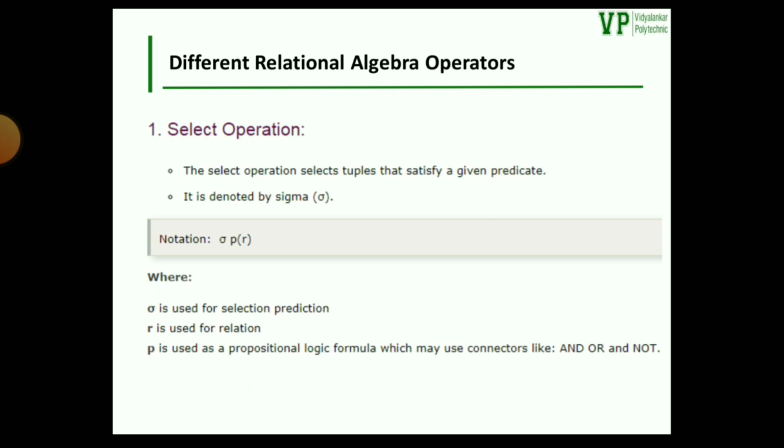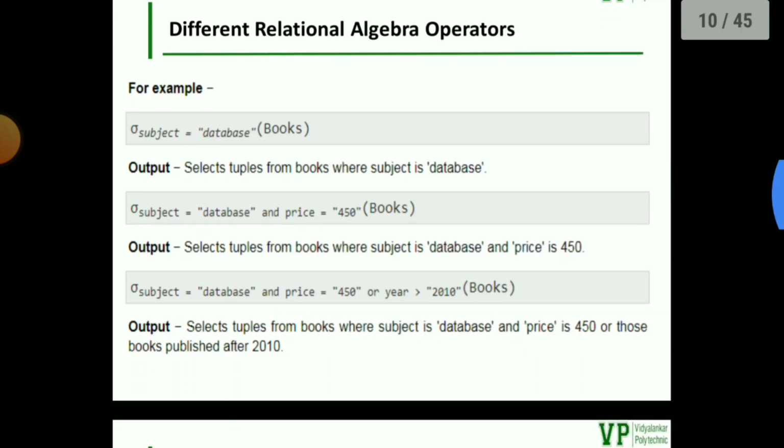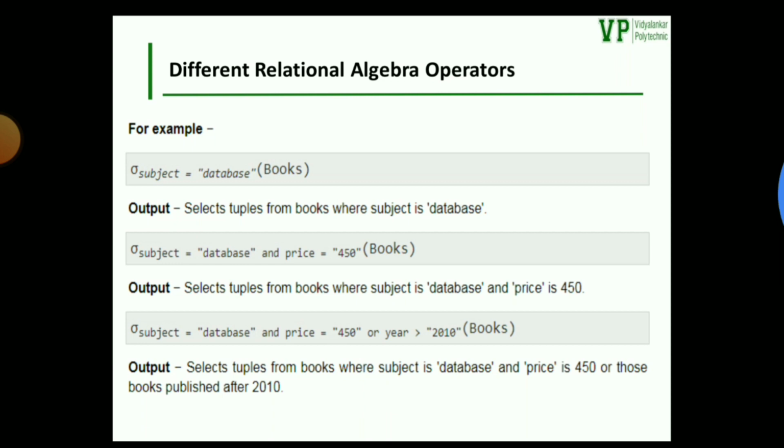See, you know tuples. Tuples is what? The definition which was in the relational model, a row is called a tuple. So the selection operation is applied on a row. Okay. Now how do we use the select operation?